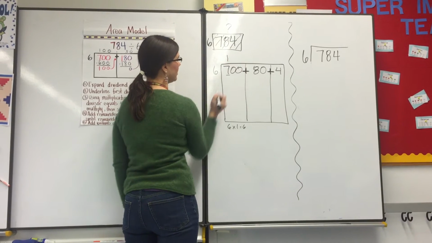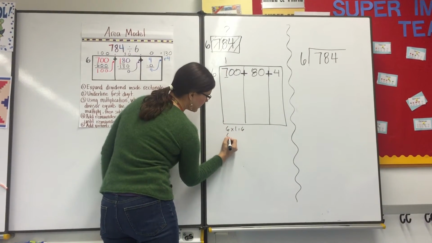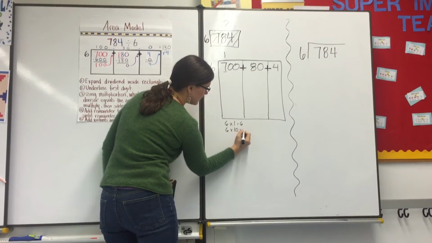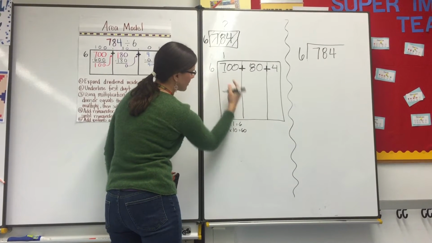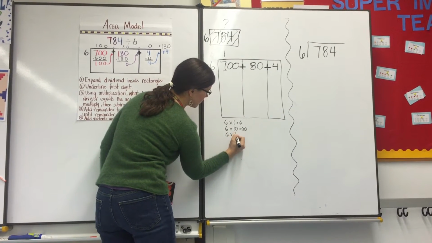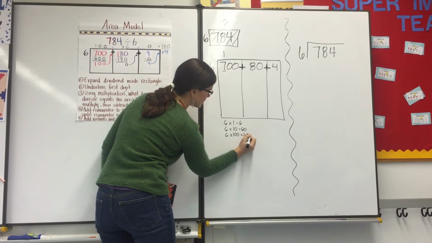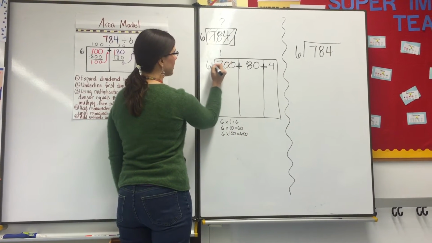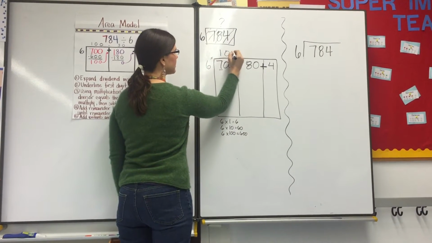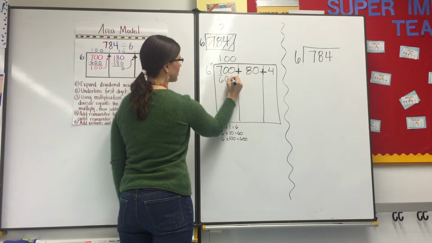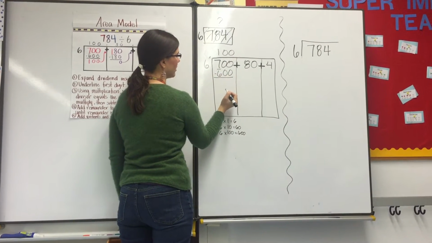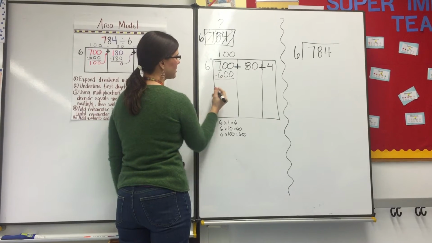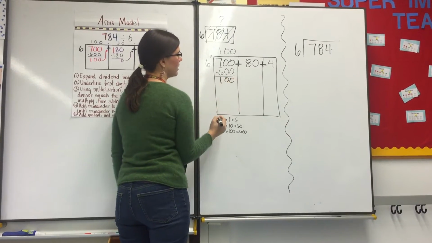So I'm going to put the 1 right here. I know 6 times 10 equals 60, and 6 times 100 equals 600. So 100 times 6 will give us a number close to 700 without going over. 700 minus 600 is 100.